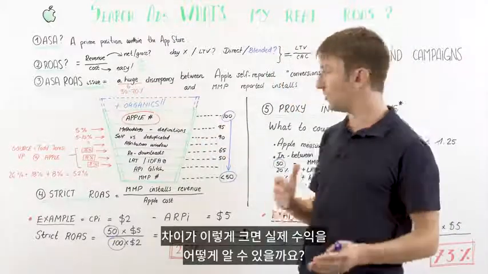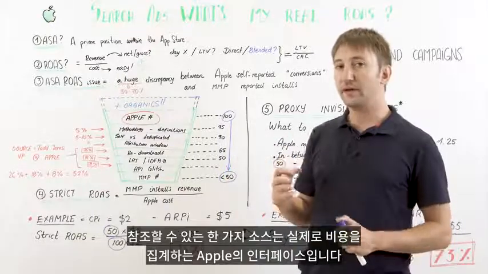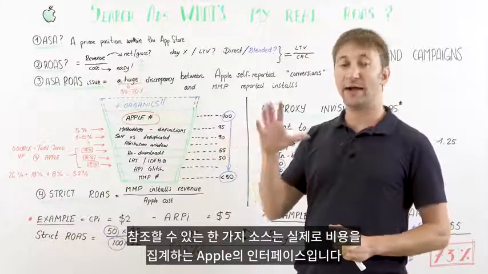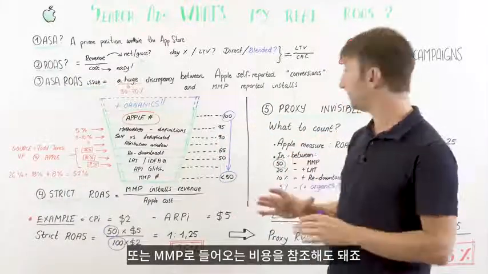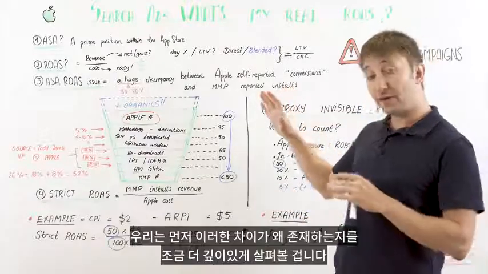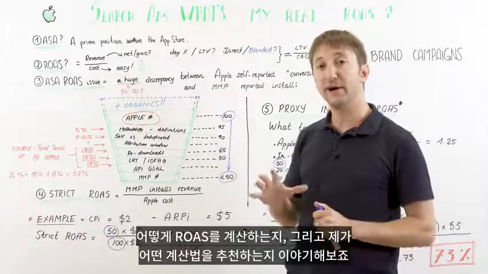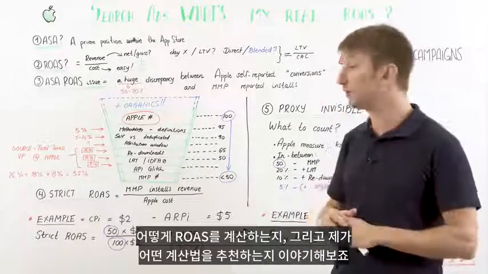How do I know what's my real return when the difference is so big? One source here is what Apple is telling you in the interface, where you actually grab the cost, and the other one is what's coming to your MMPs. We're going to deep dive a little bit into why this difference exists before we define how the return on ad spend is calculated and how I would recommend you to calculate it.